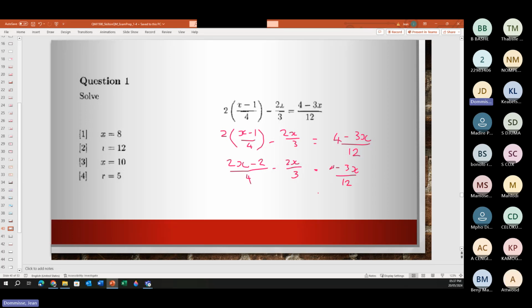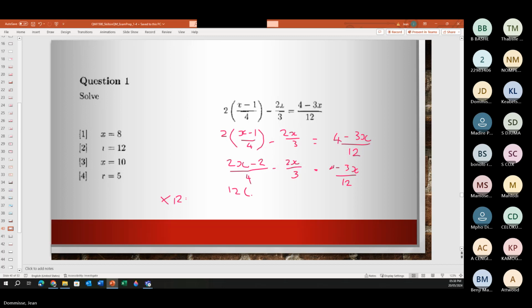Now for the lowest common multiple, I've got a 4, a 3, and a 12. 4 can go into 12, 3 can go into 12, 12 can go into 12. So I will multiply all of them by 12.